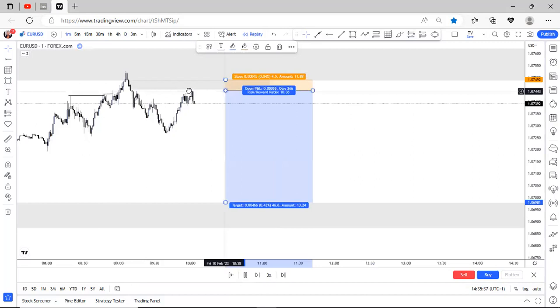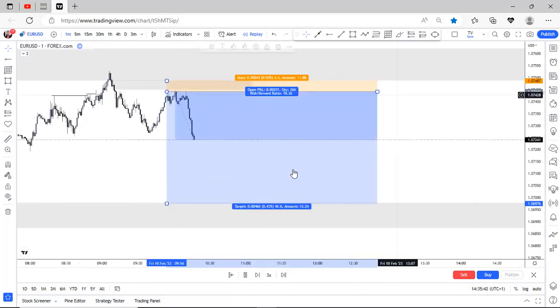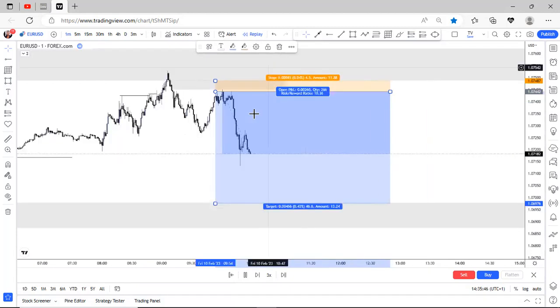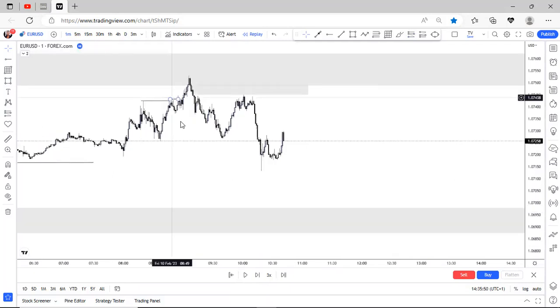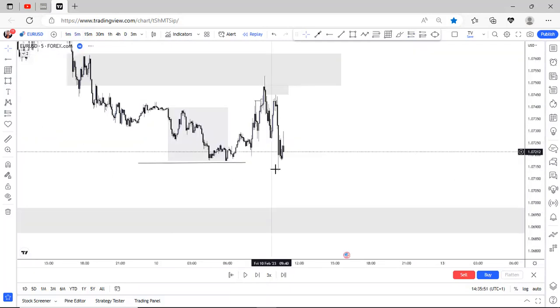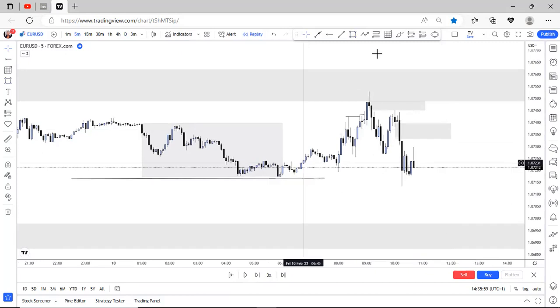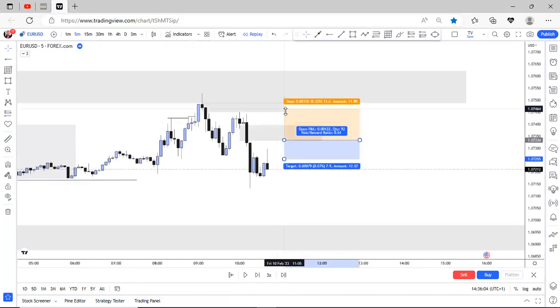As you can see, price ended up coming and the market pushed all the way down. So I missed out on this first push. And then I was waiting for price to return back into this imbalance right here, so I can take a sell, and my stop loss was right at this high.